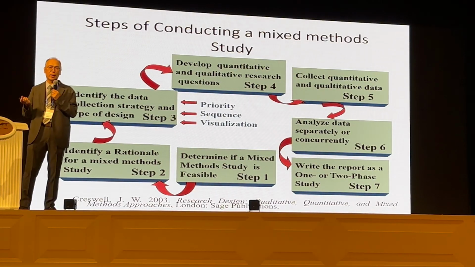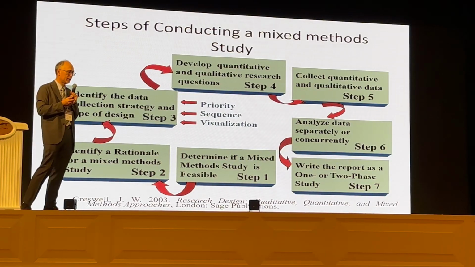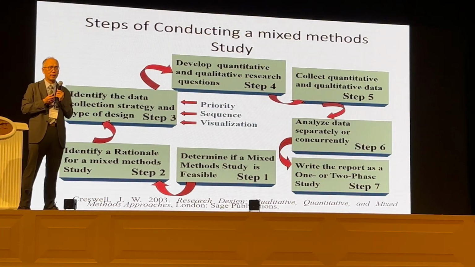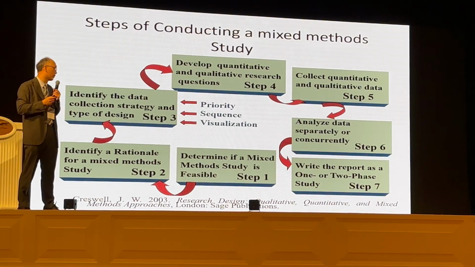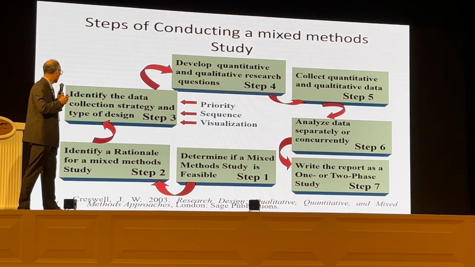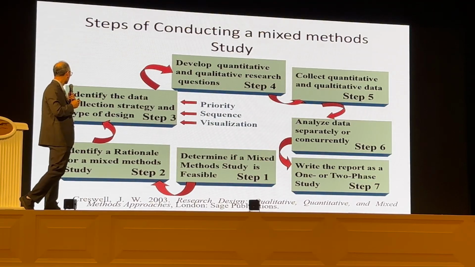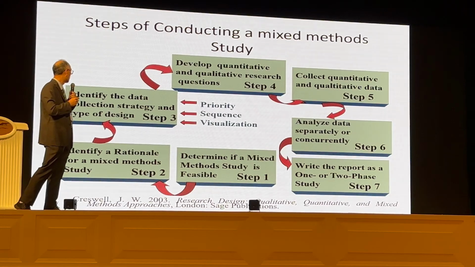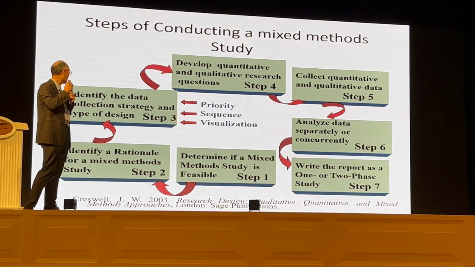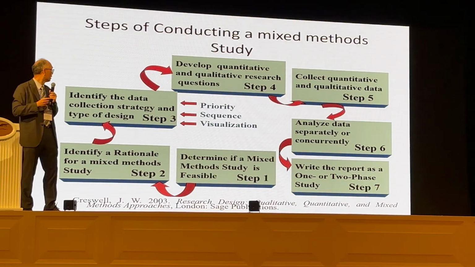Maybe you have a time limitation, maybe you have money or so many resource limitations of a lab. When you find that it is rational, then try to identify the data collection strategy, the priority, the sequence, the visualization, and so on.